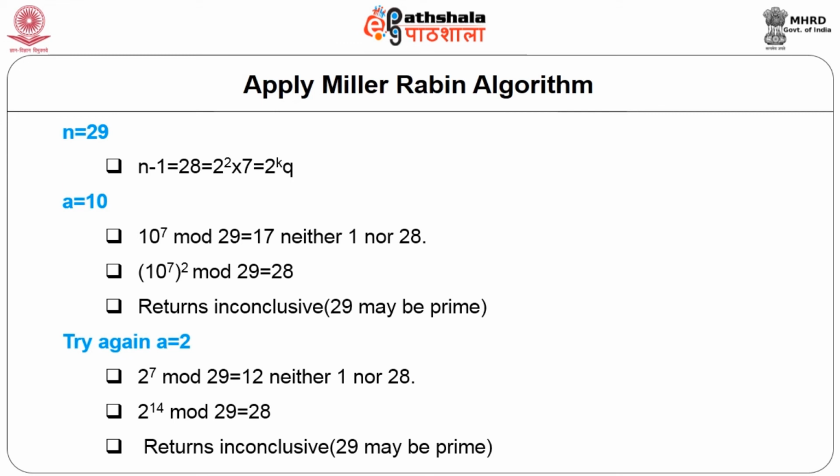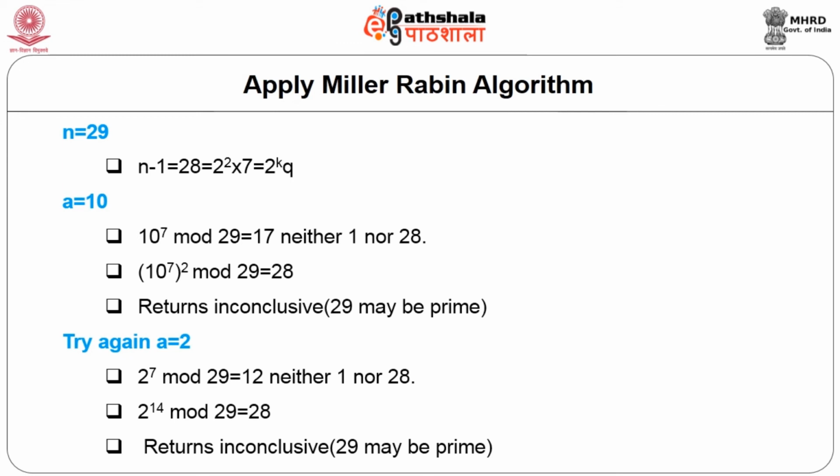Take a to be 2. This time you do 2 raised to 7 mod 29. It comes out to be 12, neither 1 nor 28. So step 3 fails. Go ahead with steps 4 and 5. Do 2 raised to 14 mod 29. It comes out to be 28, that is n minus 1. So once again we announce that 29 may be prime.